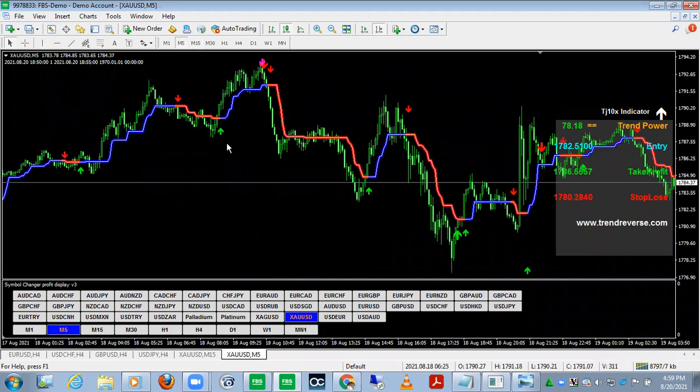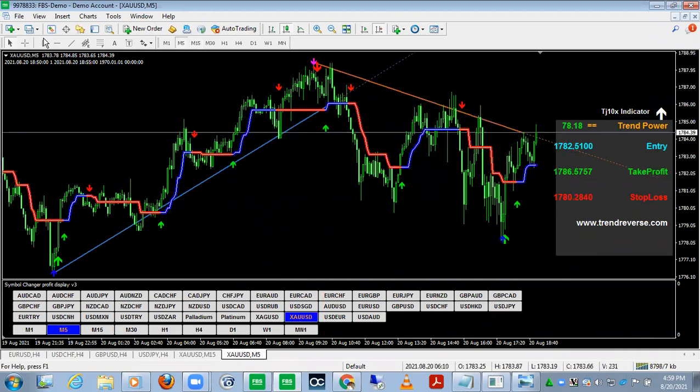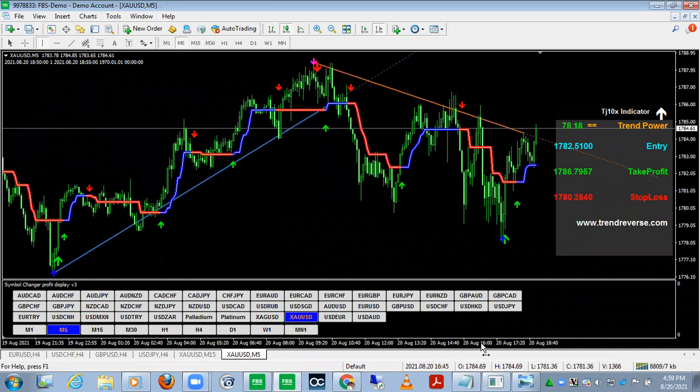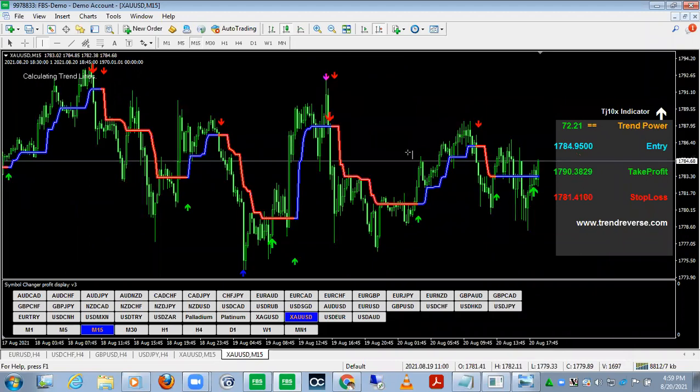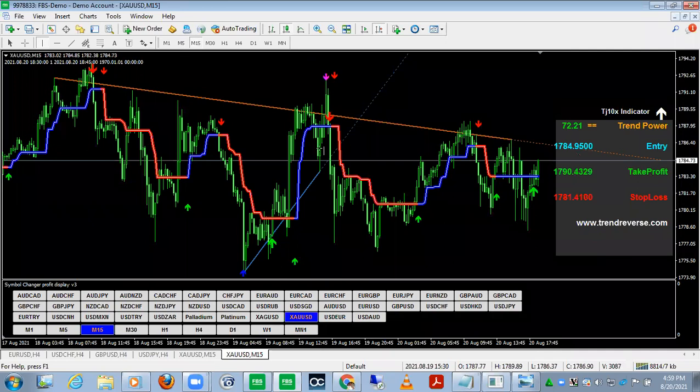5 minutes, 16:00. Let's mark it. This is 16:00. This is the 28th of August. Yeah. Let's see, 15 minutes. This was the 19th of August. This was yesterday's trade. Can we see it?